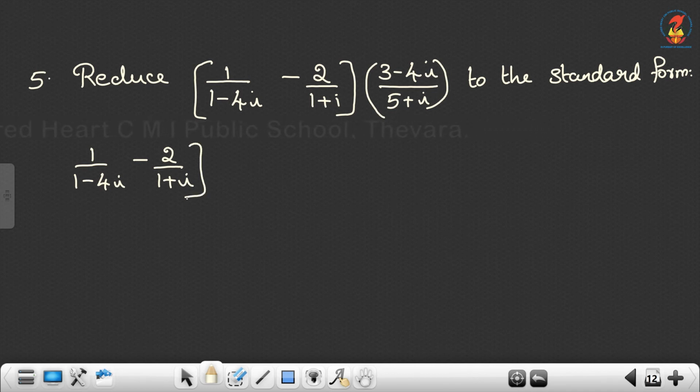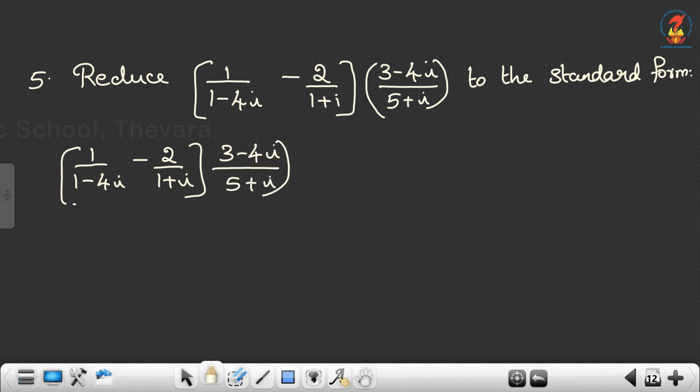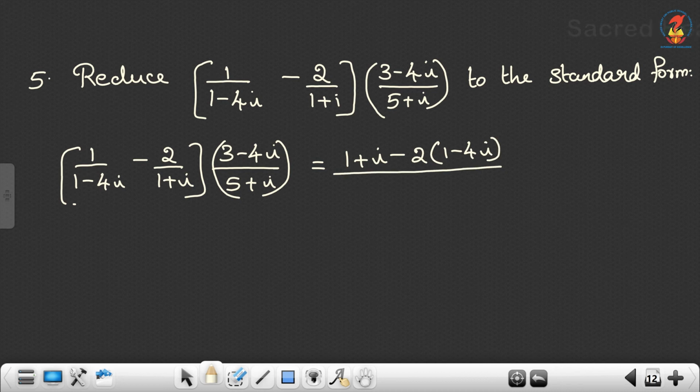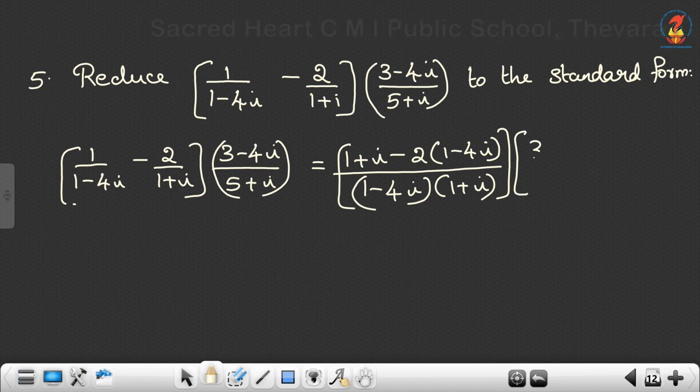This into the next bracket. So we can simplify the first bracket, cross multiply. 1 into (1 + i) is 1 plus i, minus 2 into (1 − 4i), by denominator (1 − 4i) into (1 + i). Then the second bracket (3 − 4i) by (5 + i).